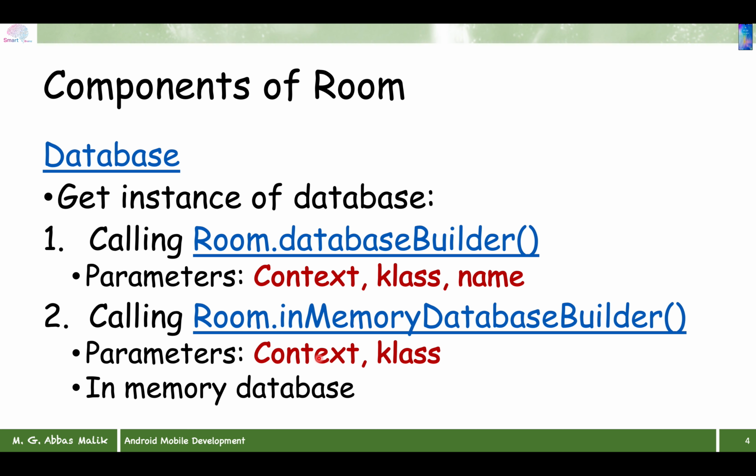So we need to understand what exactly are the needs of our database for our application, whether we want to save that information permanently inside our permanent memory or the hard disk, you can say in computer terms, or we only want that particular database inside the memory. So we have two different methods, and inside the memory we don't need to provide the name of that particular database. So these are the two ways to create the Room architecture database.